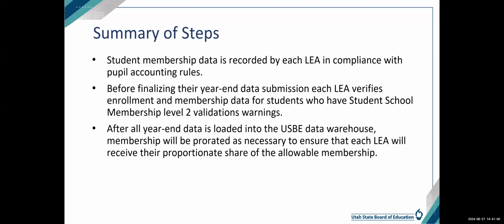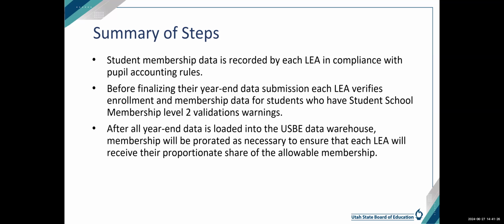So the summary of the steps is that the student membership data is recorded by each LEA in compliance with accounting rules. Know what your LEA determines as full-time, and then enter the student's proration based on that.